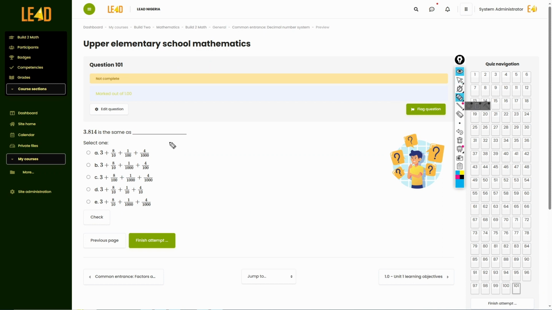All right, so 3.814 is the same as which of these? So 3.814 is the same as, let's write it out in expanded form. This is going to be just 3 plus 8/10, which is 8 out of 10.